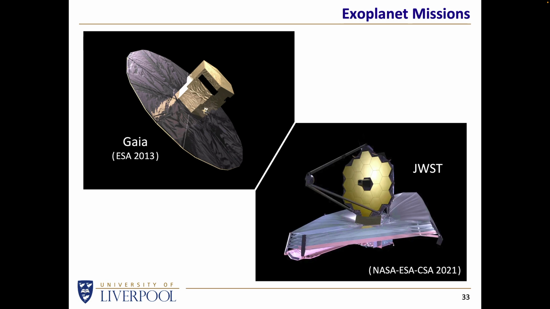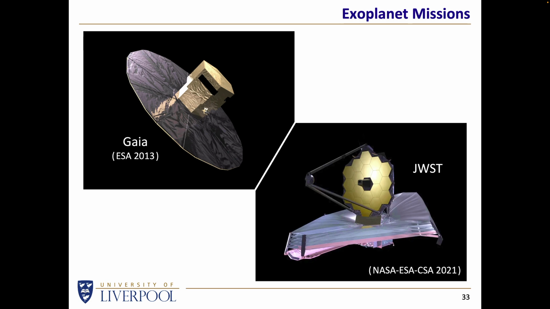If you can imagine standing at John O'Groats and looking at somebody at Land's End and determining their position to the width of a human hair, that's the accuracy that Gaia produced. And so it's able, after many years, to look at the positions of stars, and some of them were wobbling in a way which was not consistent with simply the parallax from the Earth's motion or the motion of the star through the Milky Way. It was determined that they must have exoplanets going around them. So Gaia found exoplanets by accident.